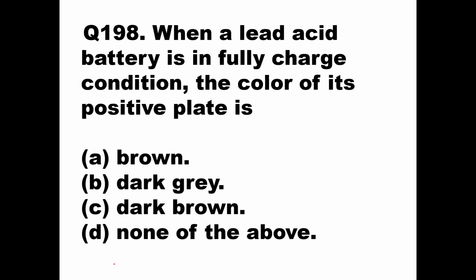Question number 198. When a lead acid battery is in fully charged condition, the color of its positive plate becomes brown, dark gray, dark brown, or none of them. Okay. So whenever it is fully charged, the color of the positive plate becomes dark brown. So option C will be the right answer here. Dark brown. Okay. Then we'll go to the next question.